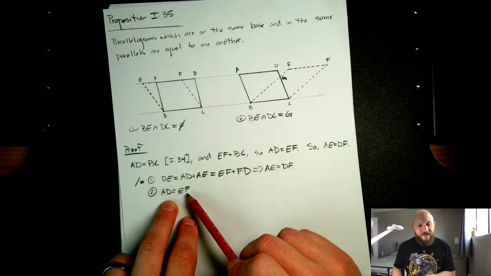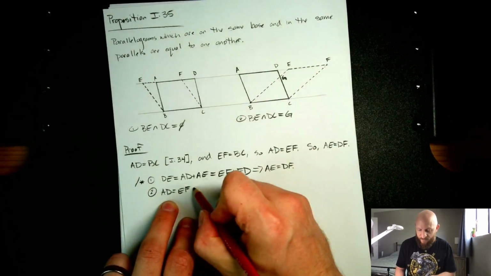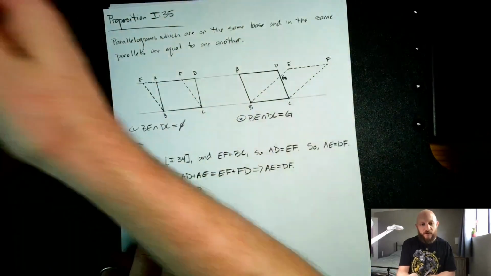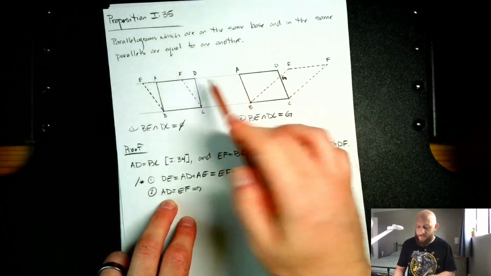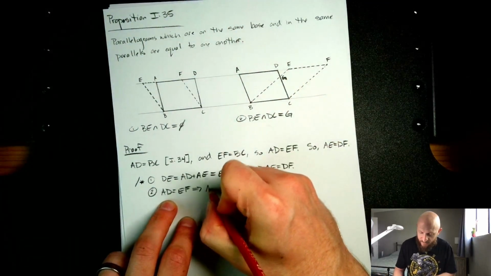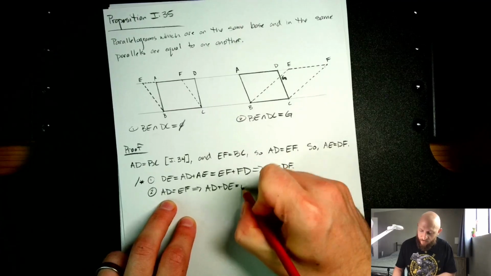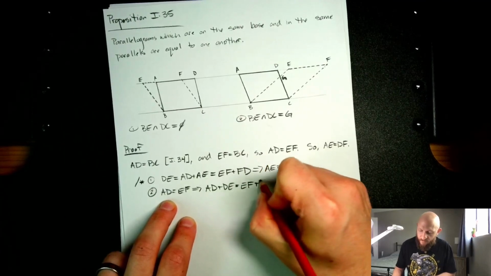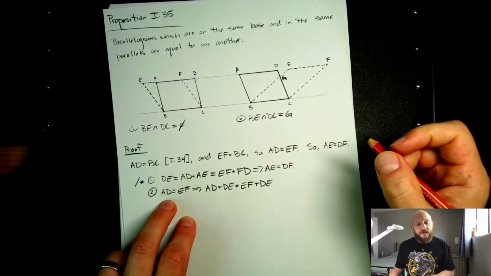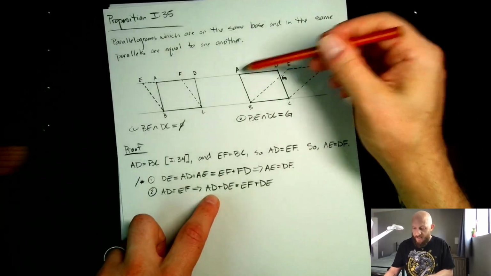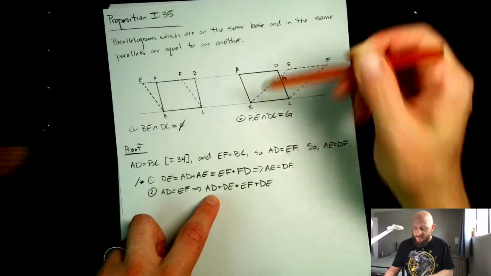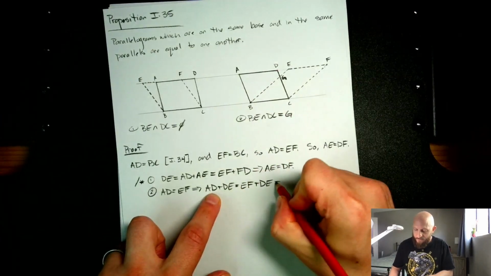So from AD equals EF, if we add in the common line DE, we get on both sides AD plus DE equals EF plus DE, but AD plus DE is really just AE.